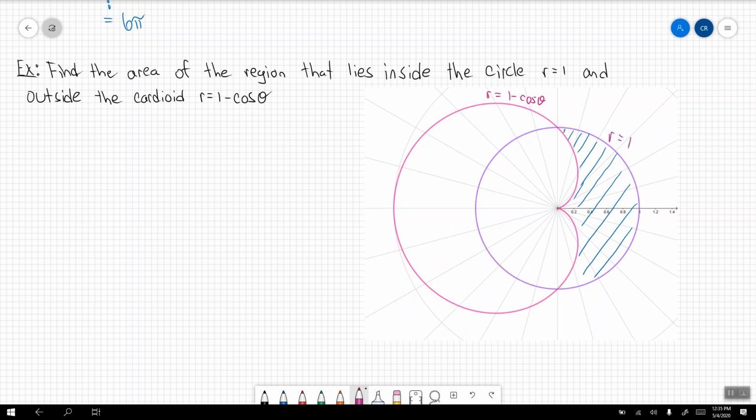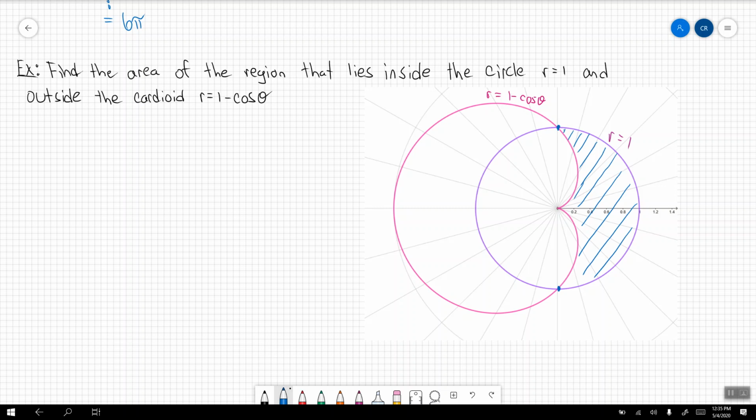So I'm trying to find this region right in here, which means the area that's inside of r is equal to 1, but it's outside of the cardioid 1 minus cosine theta. Now, I want you to notice that there are two intersections. We have one intersection here and one intersection here. We must go through and we must find those intersections.